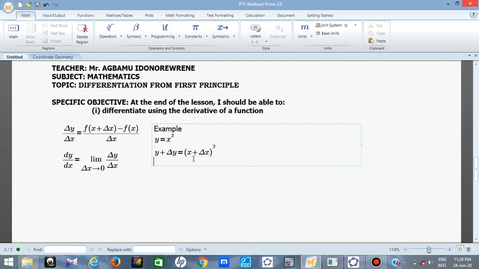Delta y will now be equal to open bracket x plus delta x raised to power 2, then minus y, which is going to be on that side.